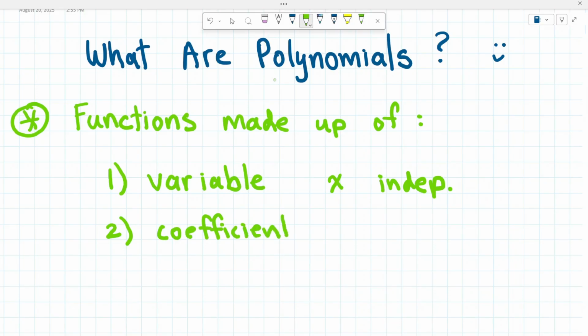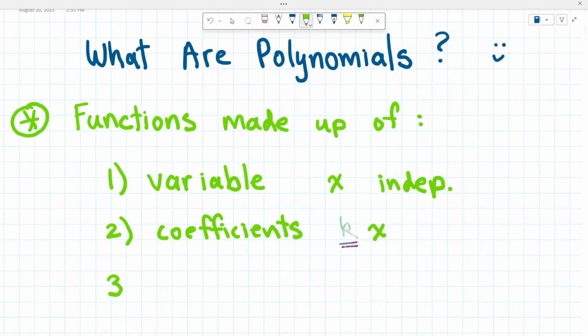Coefficients are constants that you have multiplied in front of your variable. For example, we might have some coefficient k, and then that is found in front of our variable x. In this case, it's important that our coefficients are a constant value, so they're not a variable themselves.